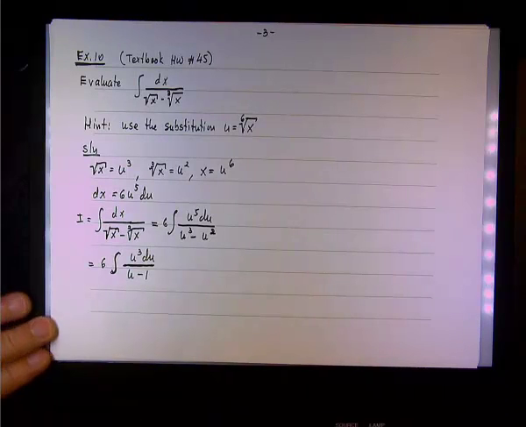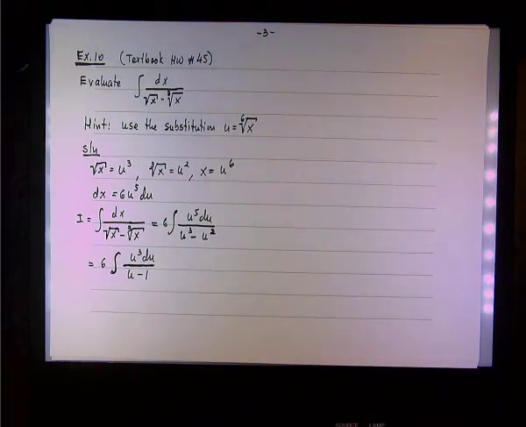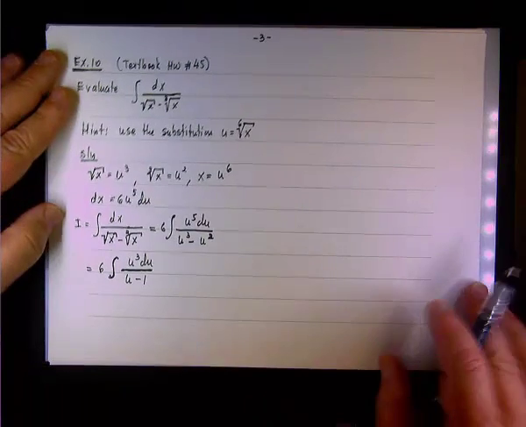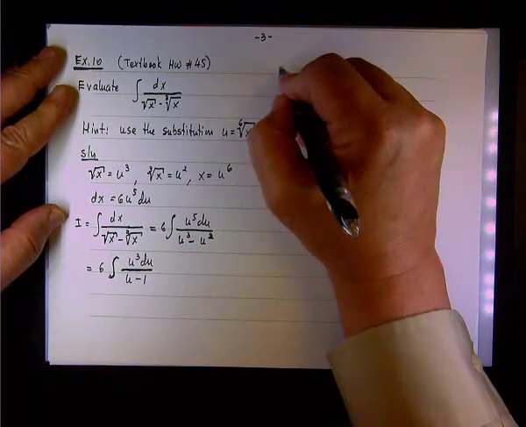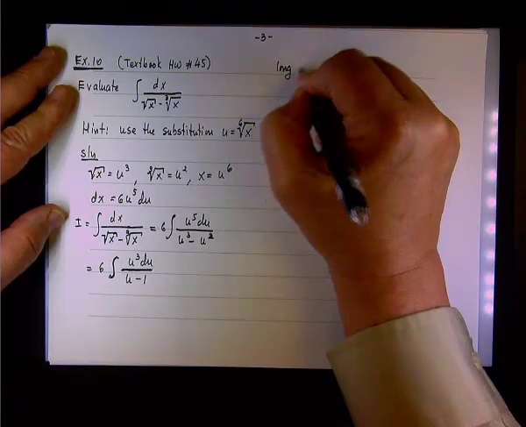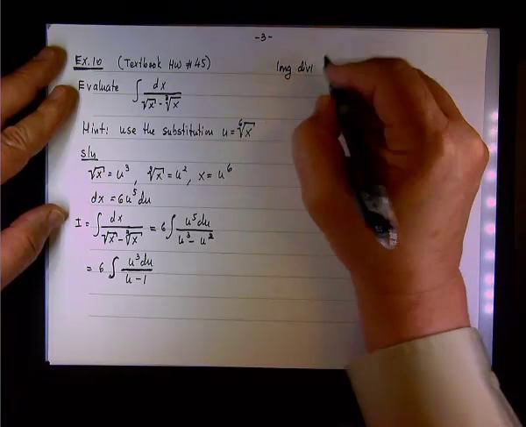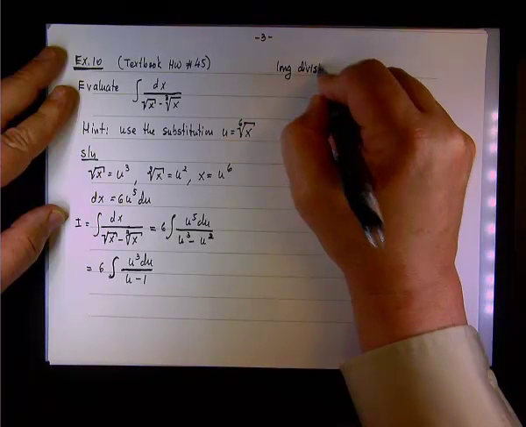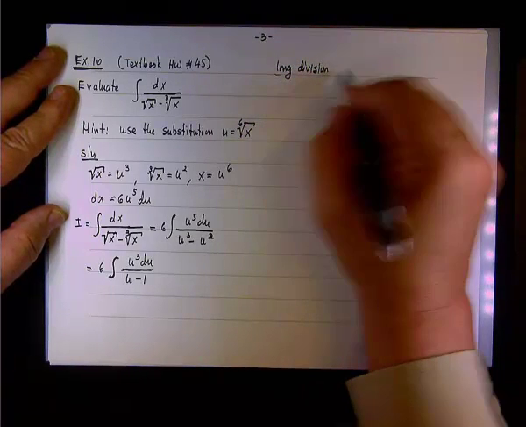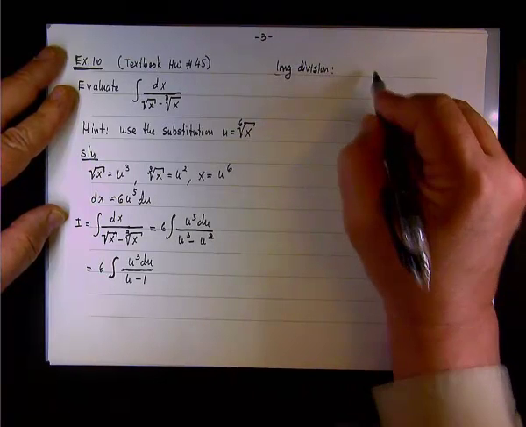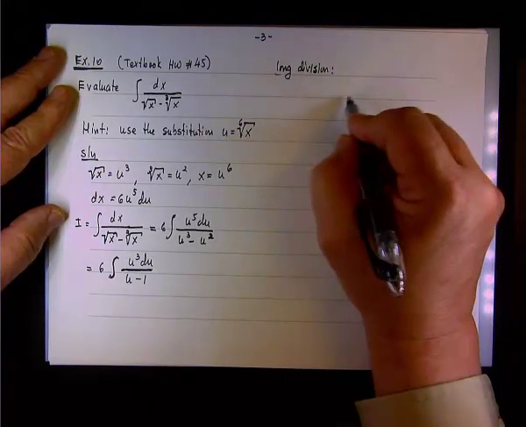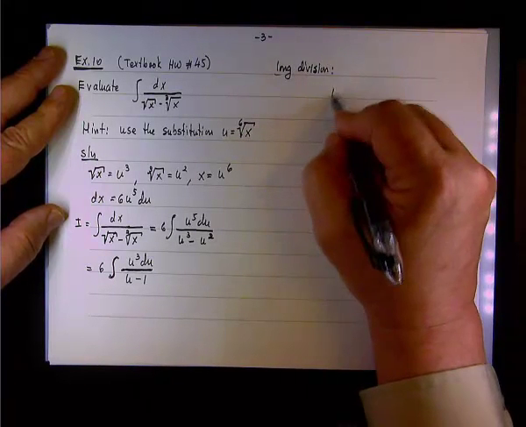Now this is not a proper rational function, so we do need to use long division to solve this. So let's see what we have. Okay, long division. Probably there is a trick here, but I don't see it right now. So let's do the long division.